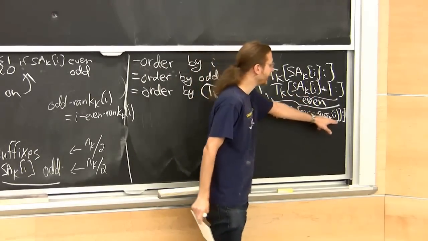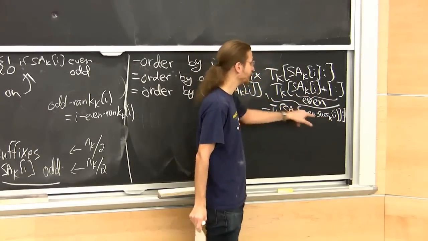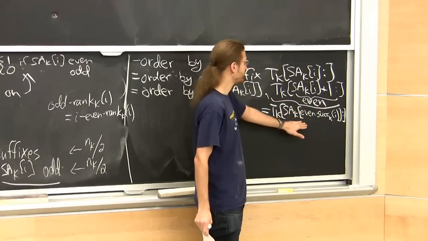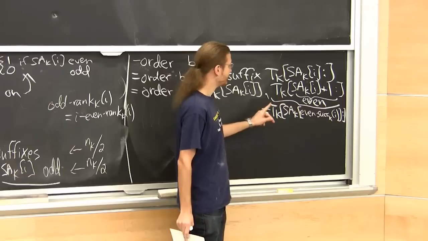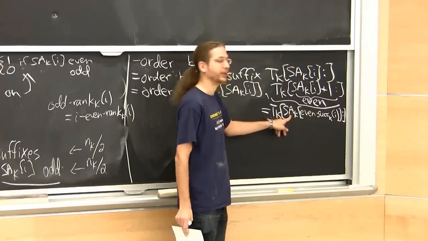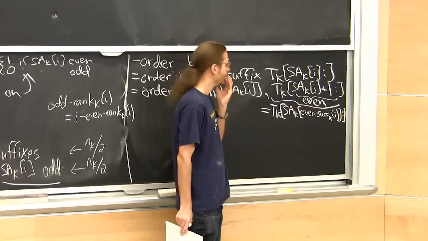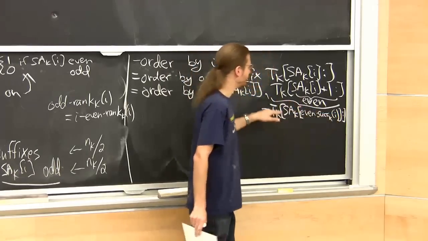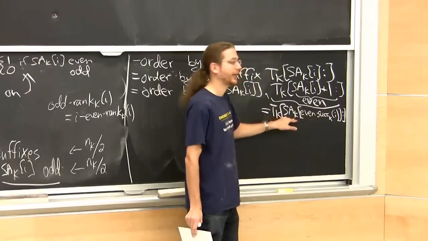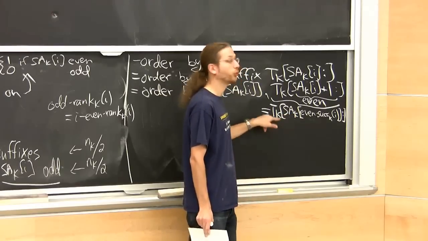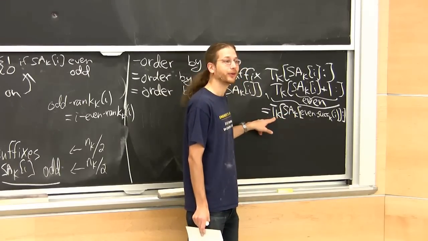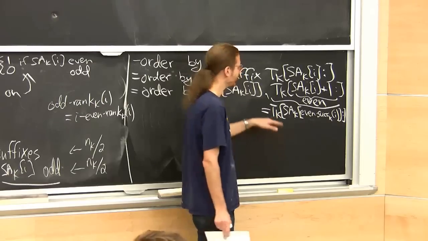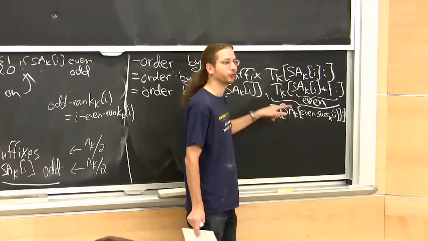Even successor is the value j for which if I do SAK of j, I get SAK of I plus 1. That's the definition. Now, the suffix of TK starting at SAK. If I sort by those suffixes, they're sorted, right? That was the point of the suffix array, to sort the suffixes.